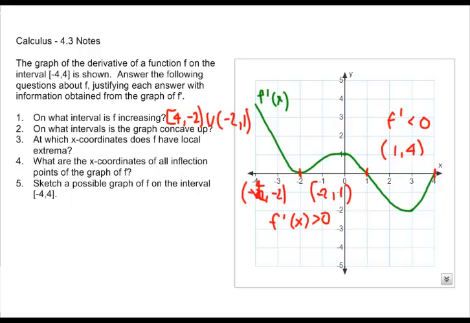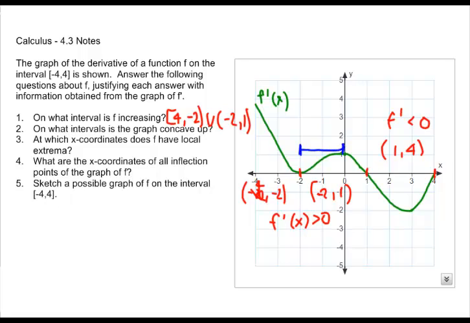Okay. On what intervals is the graph concave up? So when you're looking for that, you're looking at the places where the derivative is increasing. And so where's the derivative increasing? The derivative increases from here to here, okay?